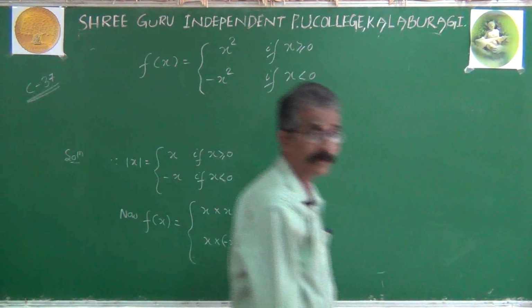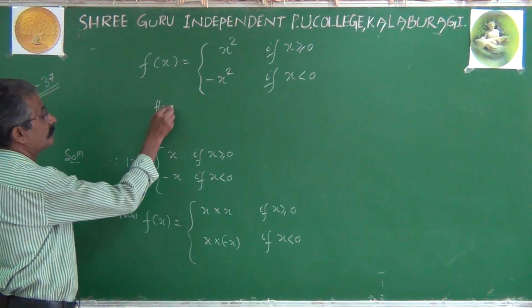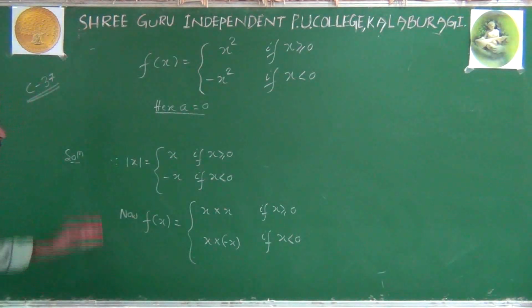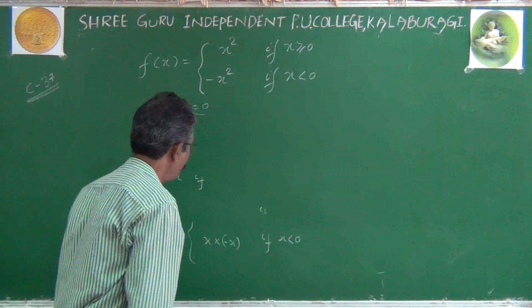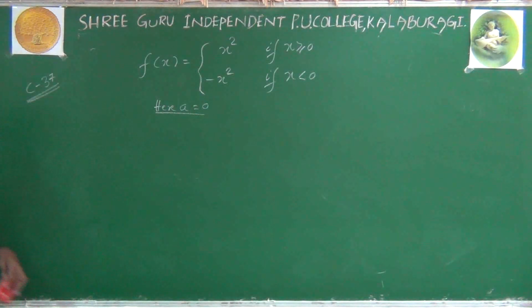That means here a equal to 0. So let's find the left hand derivative as well as the right hand derivative.